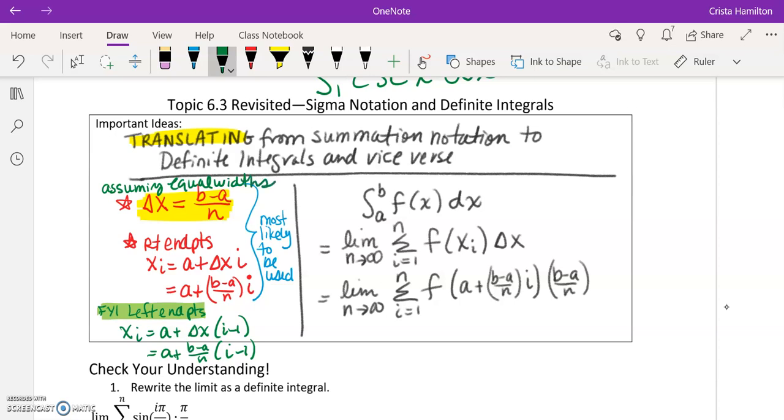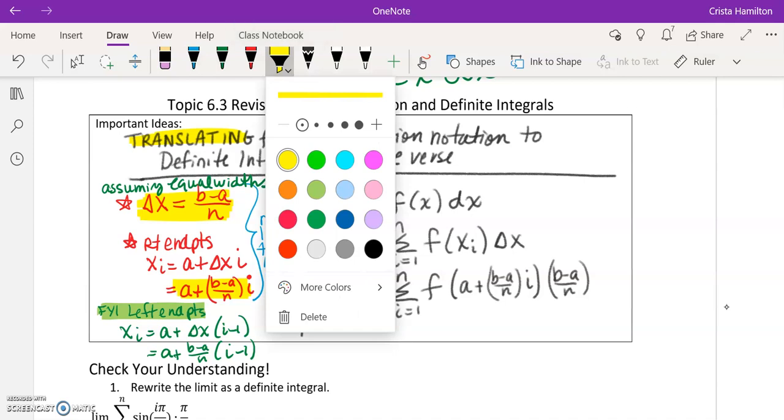Then our delta x is always going to be (b minus a) over n, and our right endpoints, which are the ones most likely to be used, are going to be this bottom one, because that's the one we see the most, where you start at the lower bound and add your delta x times i, where i represents what rectangle number you're on. And remember, i is also the index on your summation notation.